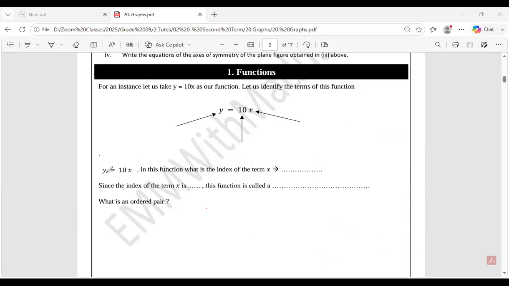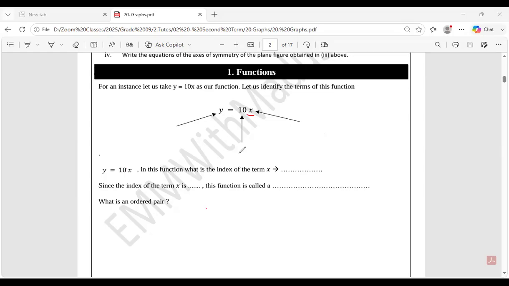So when it comes to here, y equals 10x, in this function, what is the index of the term x? Can anyone tell me what is the index? I need your support to do this. As you can see here, in y equals 10x, what is the index of term x?